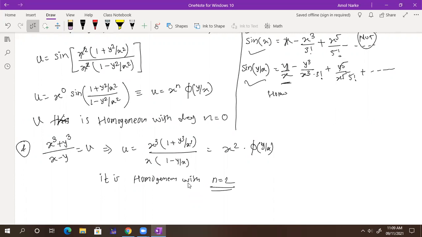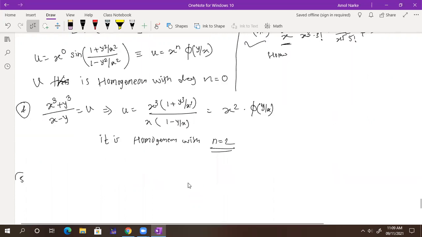Okay. So can you find out x raised to 1 by 3 plus y raised to 1 by 3, divided by x raised to 1 by 2 minus, oh sorry, here y raised to 1 by 2. Tell me whether it is homogeneous or not.